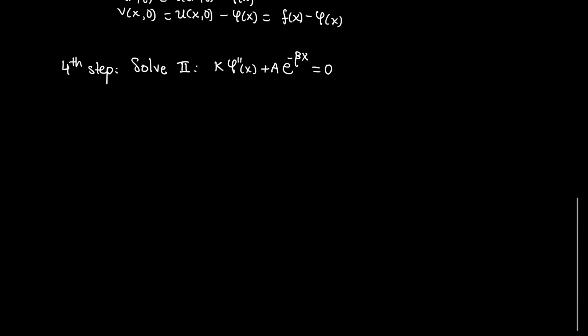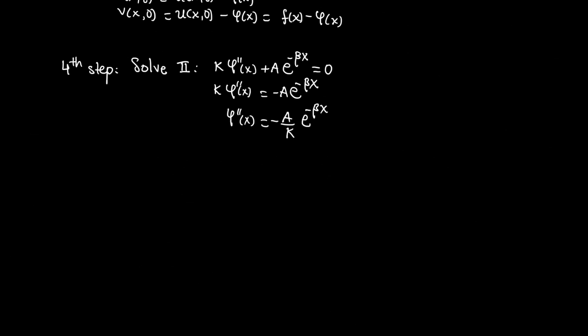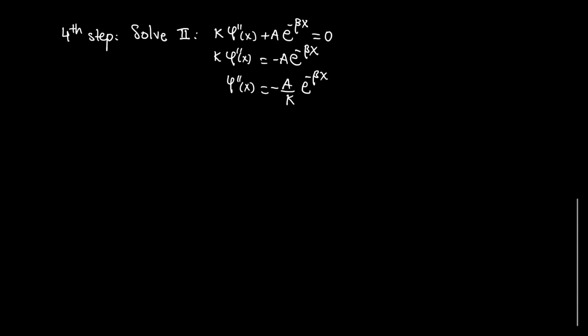Yeah, that's the equation. So phi second derivative equals minus a over k beta x. Okay, so just integrate twice.